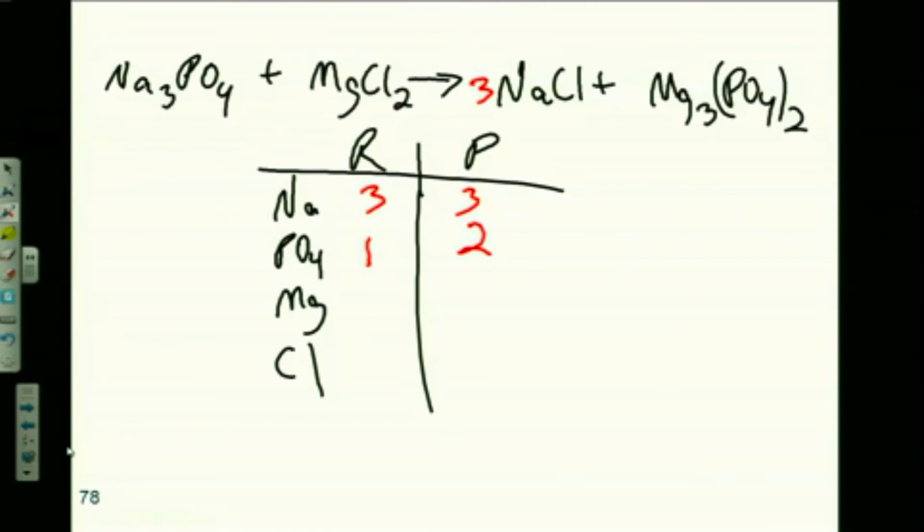So I gotta fix that, don't I? Yes. So I'm gonna put a 2 here. So that fixes that. But it messed this up, didn't it? That made that a 6. So how am I gonna fix that? I need 6 sodiums on this side. I'm gonna mark that out and I'm gonna put a 6 here.